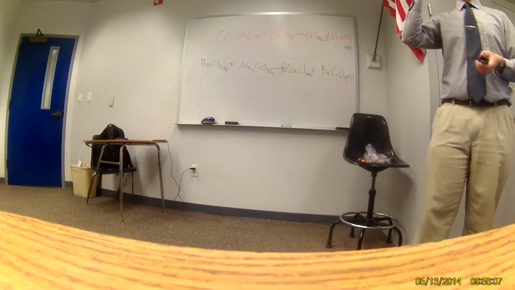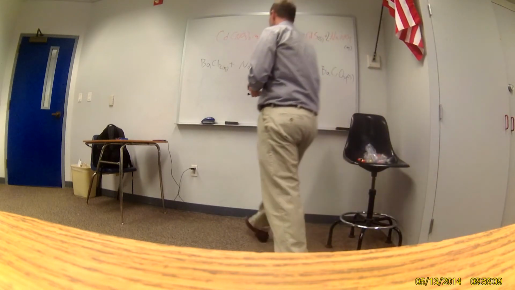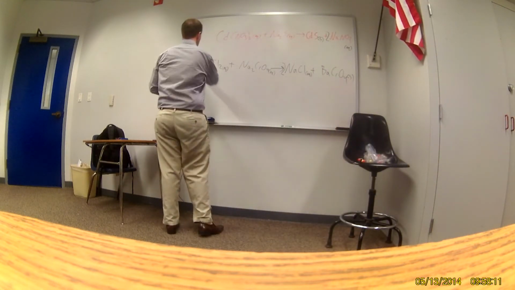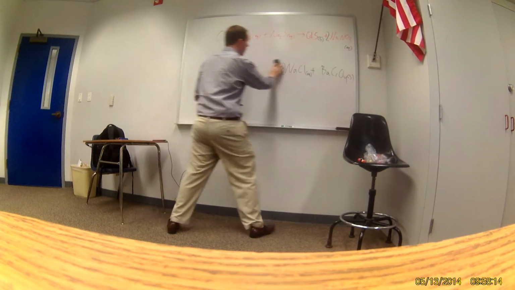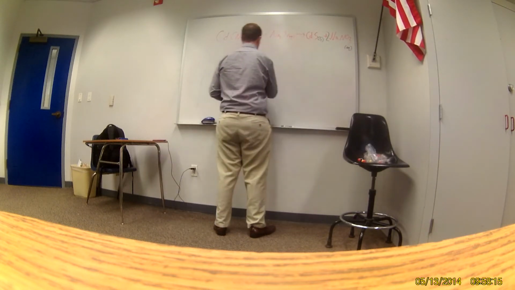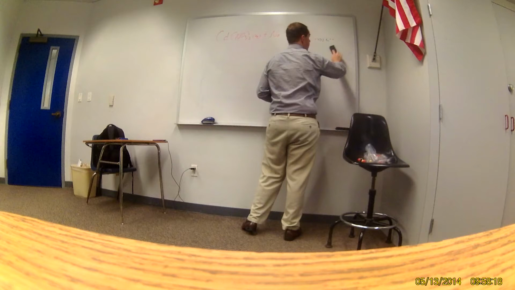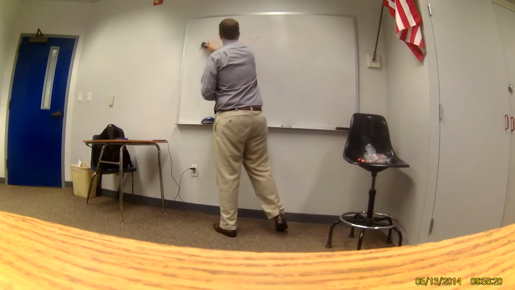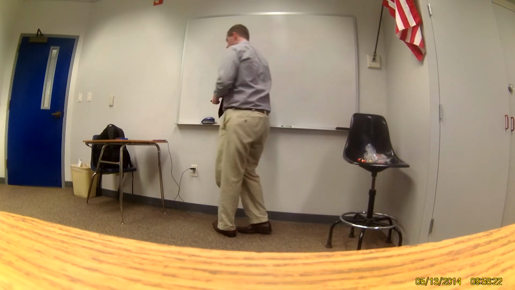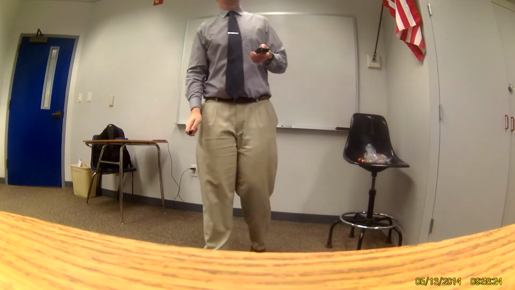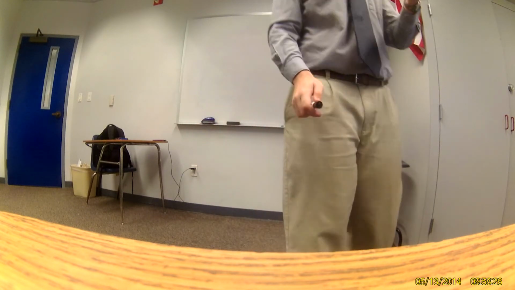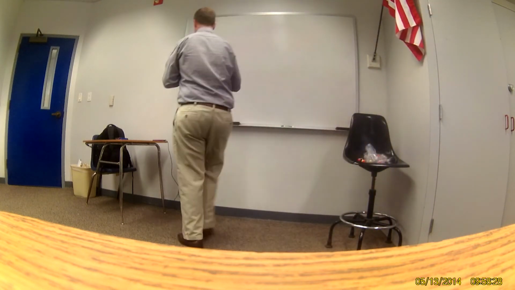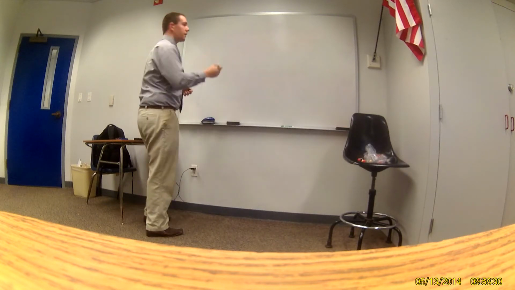So we go from the molecular equation to what we call the ionic equation, or the total ionic equation. So we're going to go molecular to total to net. So in this case, this is our molecular equation.